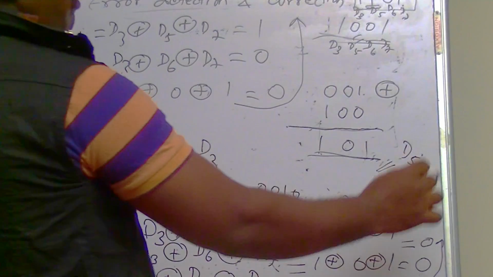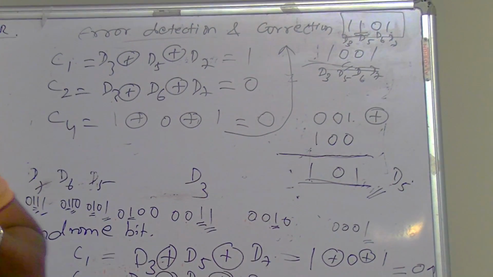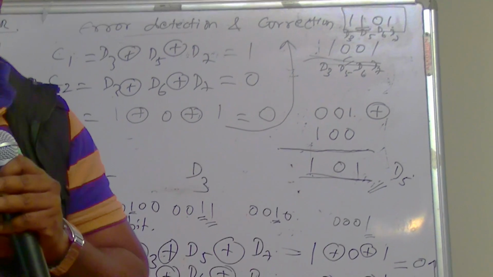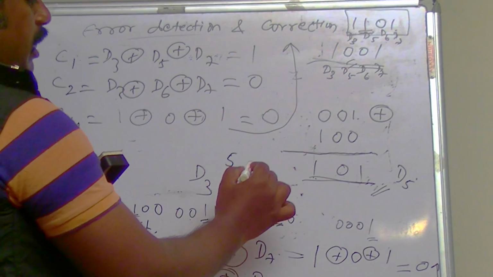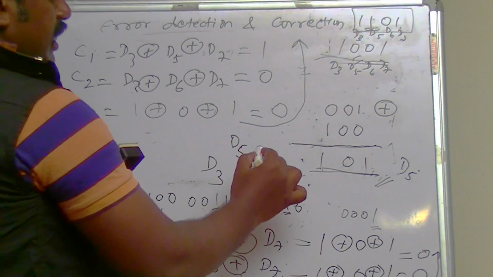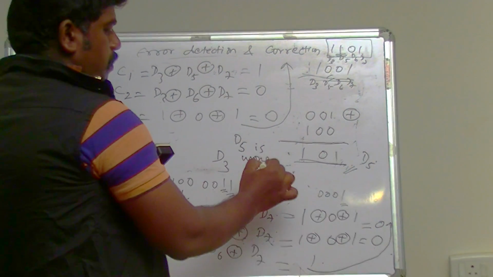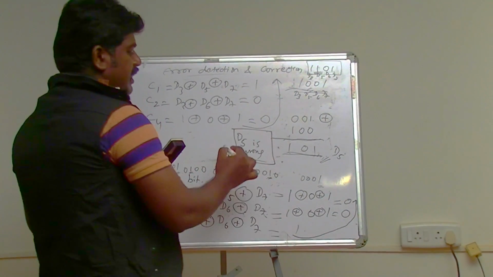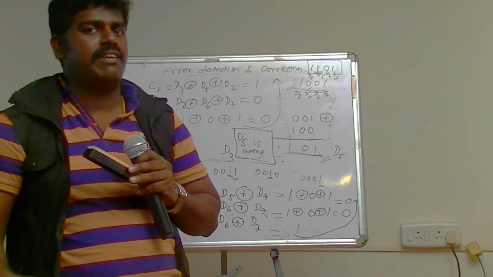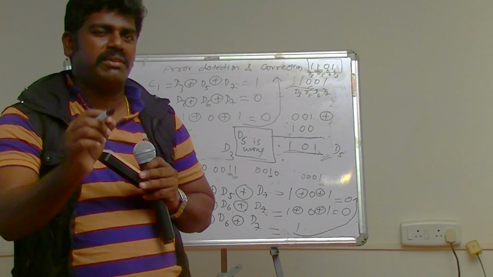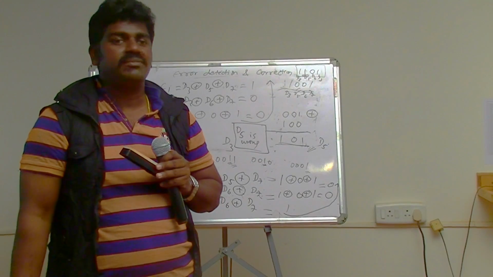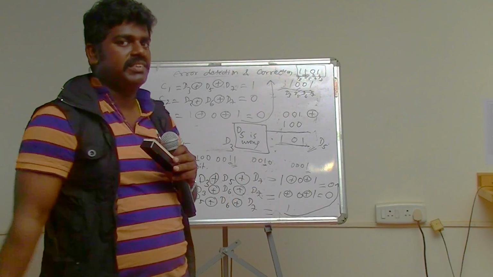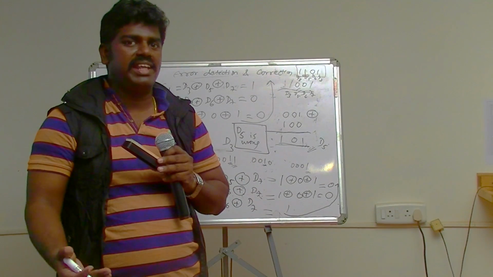The binary value for 5 is 101. This is how we can clearly say that the 5th data bit, D5, is wrong. Next we can detect it, and finally we can correct that particular word, since D5 is wrong. This is how we do data error bit detection and correction if any error occurs.